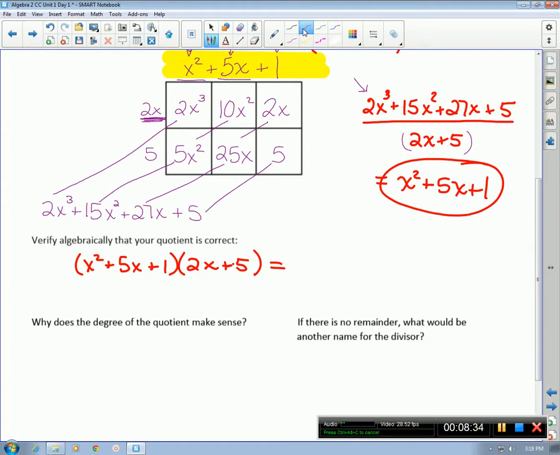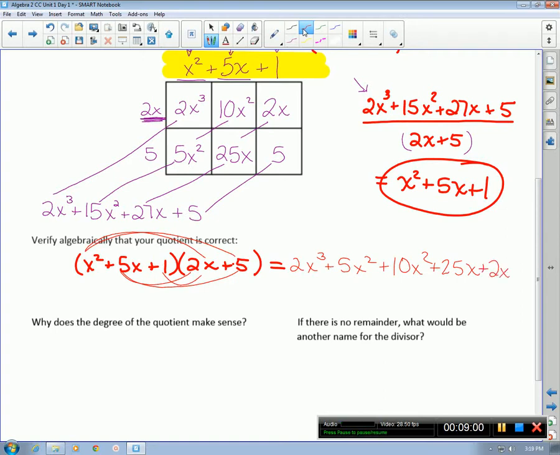Do it with me. Or you could pause the video right now and try it yourself. x squared times 2x. x squared times 5. 5x times 2x. 5x times 5. 1 times 2x.